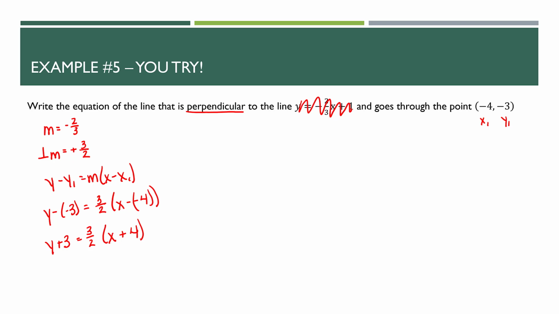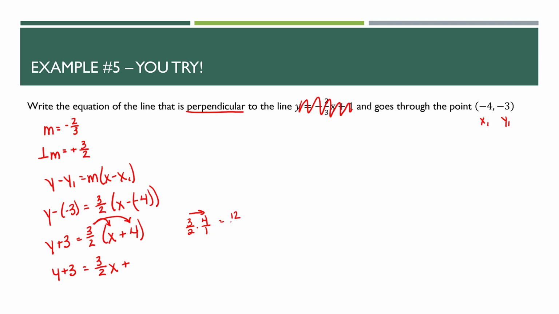Now you can distribute the slope through the parentheses, the 3/2. y plus 3 equals 3/2 x plus 3/2 times 4, which we're going to write as 4/1 in fraction form.